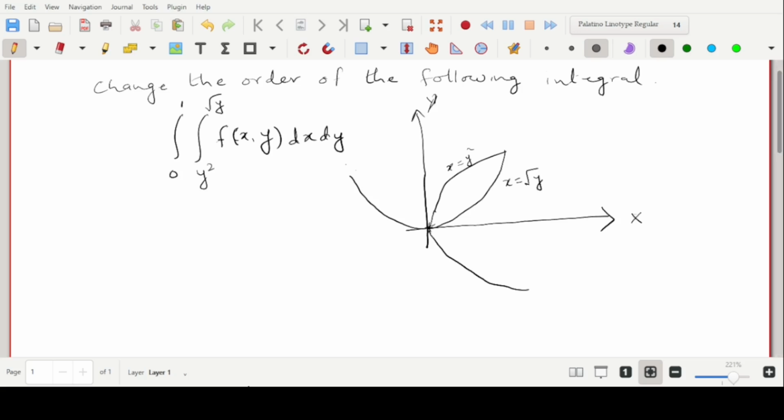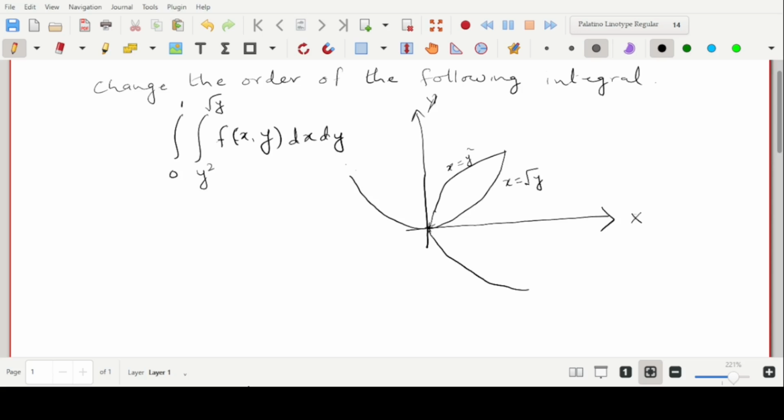Now these two parts of the graphs become irrelevant in this case, because the region that we want to consider becomes bounded by these two curves for every y.